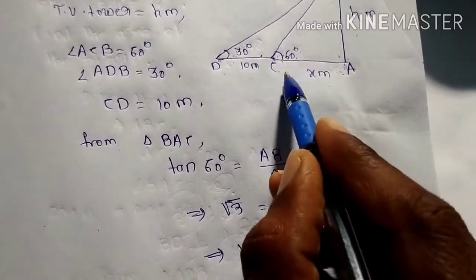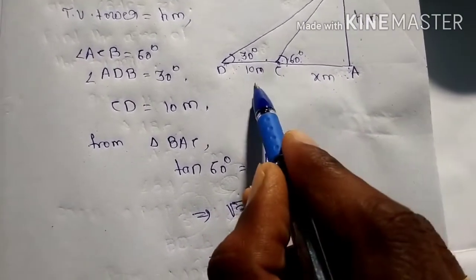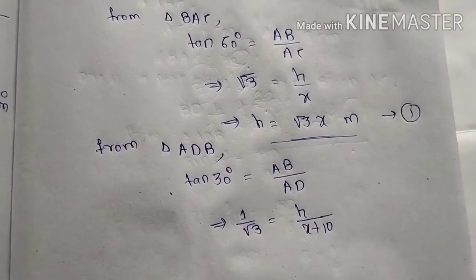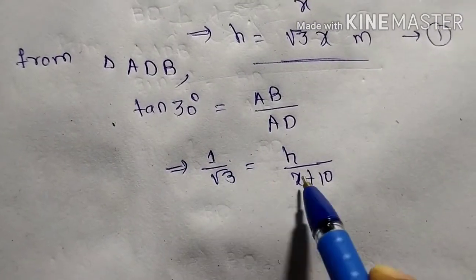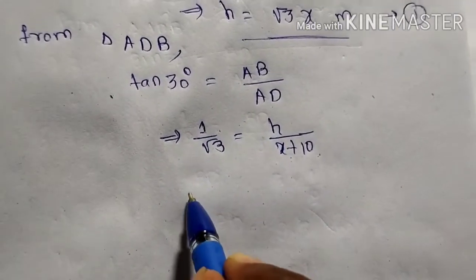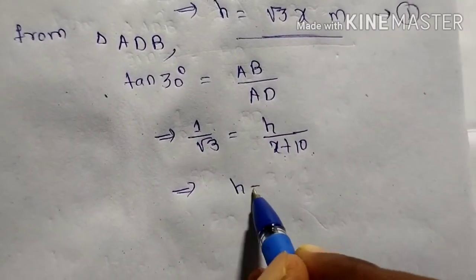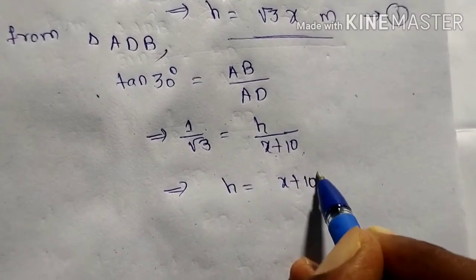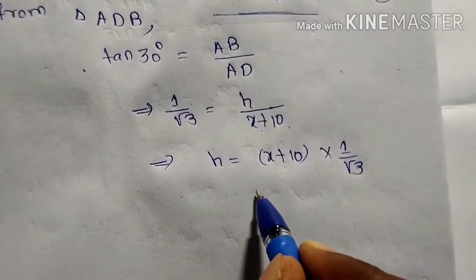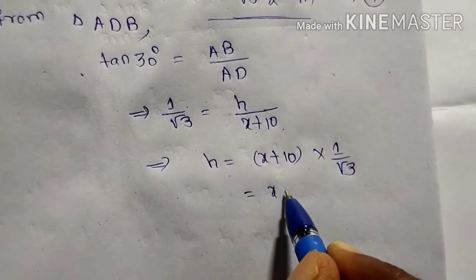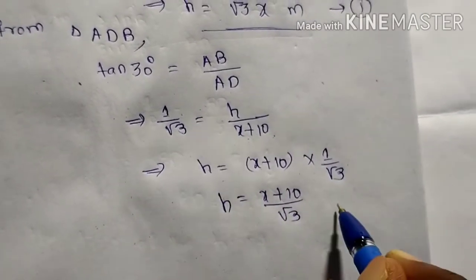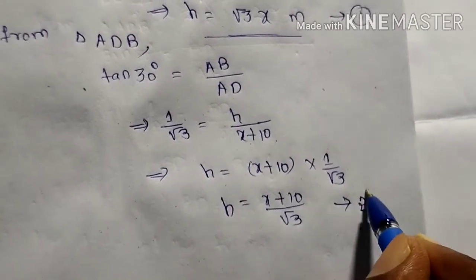AD means it is AC plus CD, that means x plus 10. So 1 by root 3 is equal to h by x plus 10. You can transpose x plus 10 to LHS. Therefore, h is equal to x plus 10 into 1 by root 3, that means x plus 10 by root 3. You can consider this as the second equation.